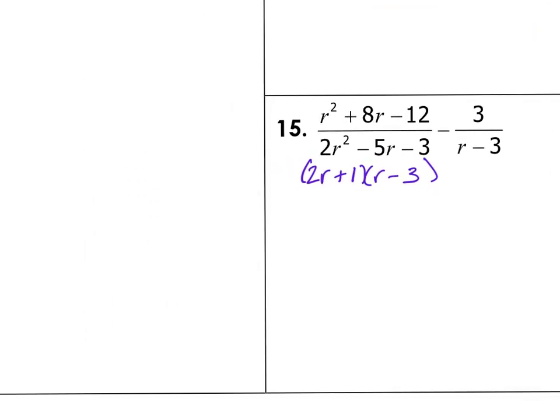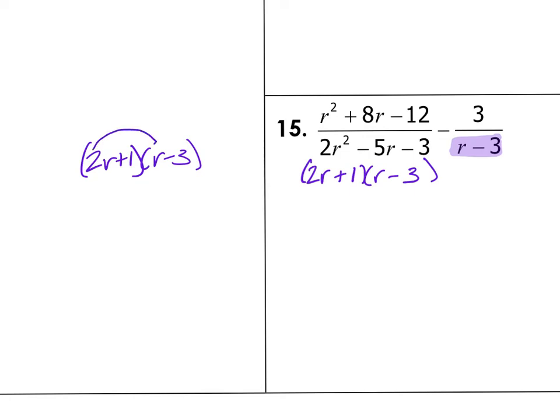And why did I decide it was r minus 3? I just want to point this out: the pattern is shown since we've done this that this has always been one of my factors in the other one. Am I sure? No. Am I fairly sure? Yes.